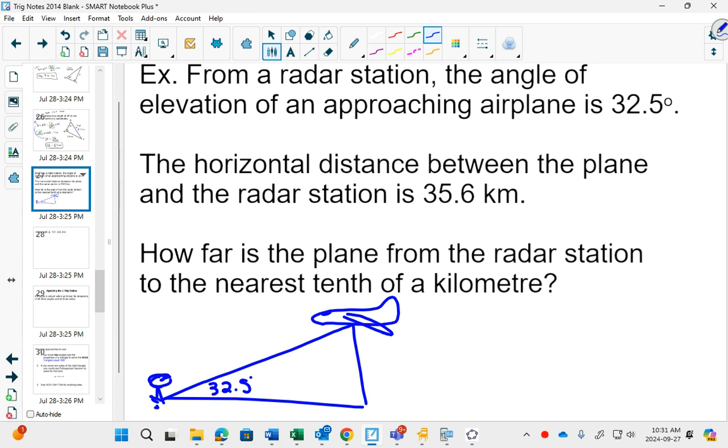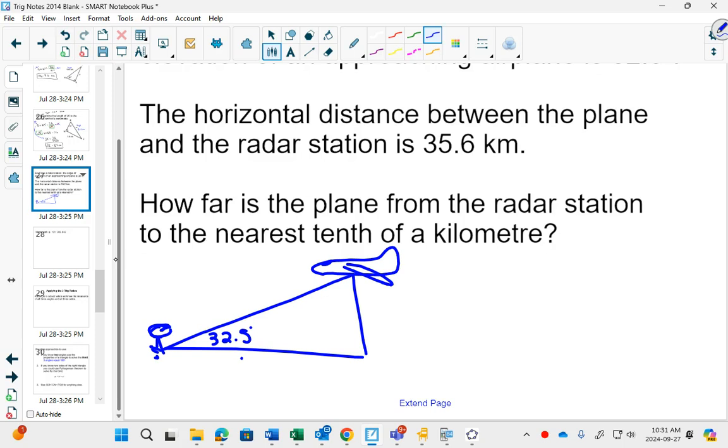It tells us the horizontal distance is 35.6 kilometers. Horizontal is like the horizon. It goes left to right. That's going to be 35.6. How far is it to the radar station? I'm going to use x this time because I'm not restricted by any letters. That's what I want to find. So I think, SOHCAHTOA.